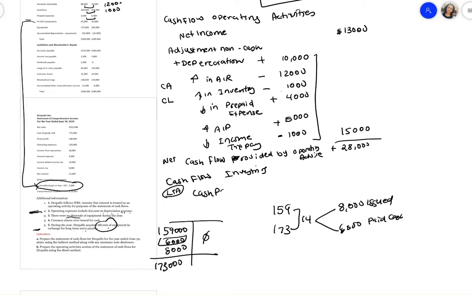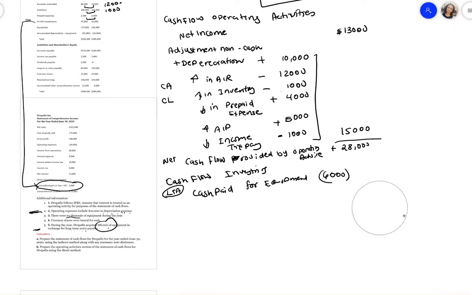So now we only care about the cash we paid. If we paid cash for it, then what we look at is cash paid for equipment. In this case, cash paid is $6,000, and that's a minus, because we purchased it. There are no other changes, so we don't need to deal with the 8,000. 8,000 is a non-cash item.